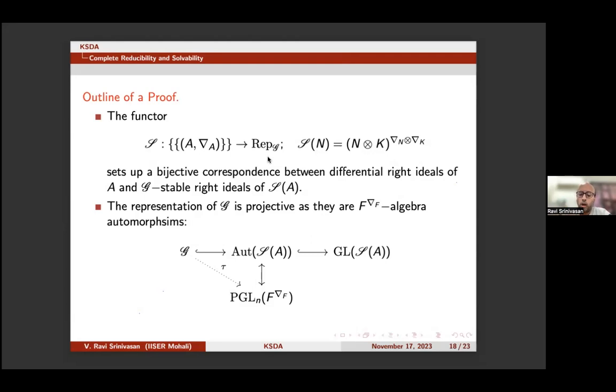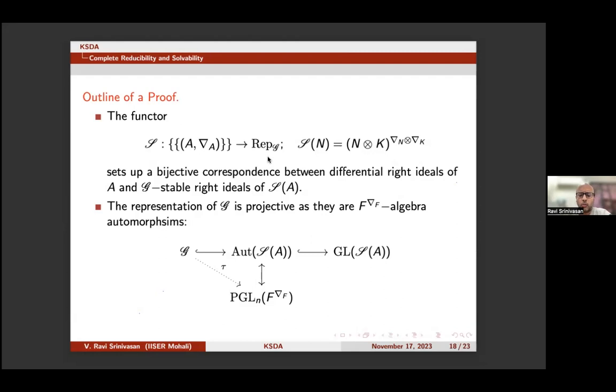Therefore the representation is that these groups are sitting inside the automorphisms of SA, which is nothing but the projective linear group, and therefore you do have a representation of G into PGLN over the constants.